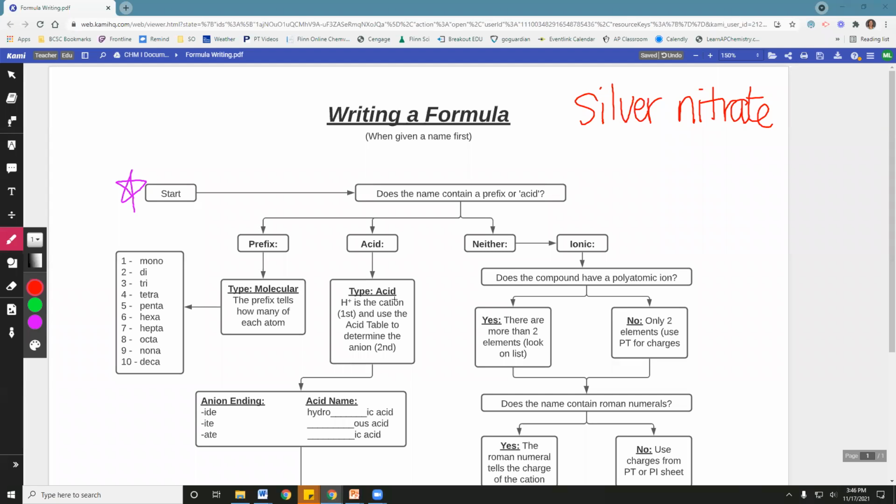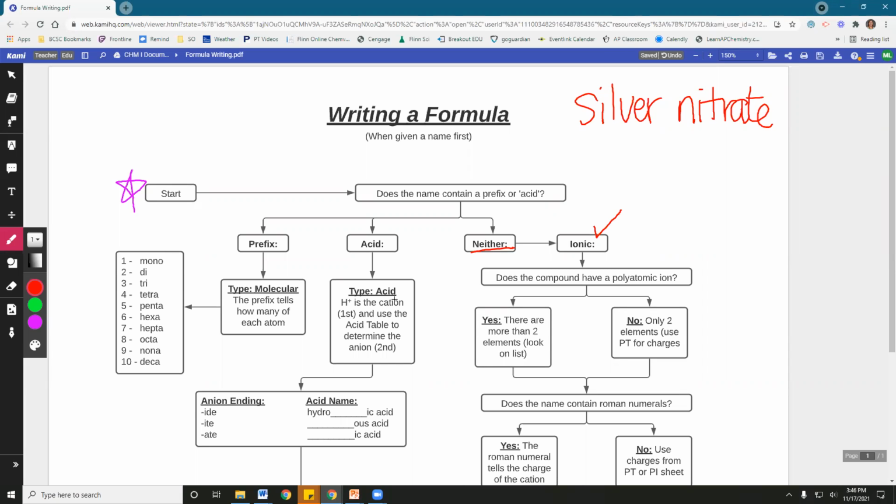Next example that we're going to do is silver nitrate. For this one, does it contain a prefix or acid? Neither. It does not have acid, and it does not have di or tri or anything like that. So since it's neither, the type of compound is going to be ionic. Now we have some clarifying questions to help us write it out correctly.